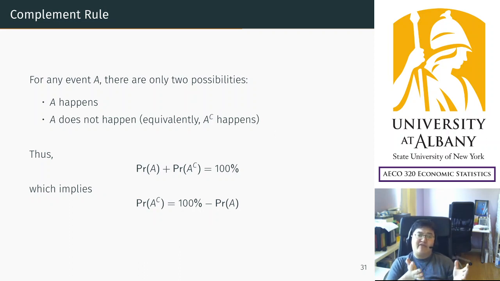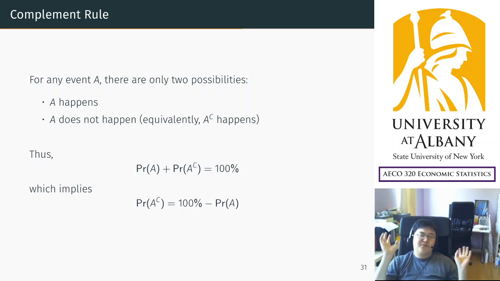By definition, we defined A complement as the event that A does not happen. So because there are only two cases, if you add these two probabilities, it should always be 100%, right? If A happens with 90%, A does not happen with 10%, right?